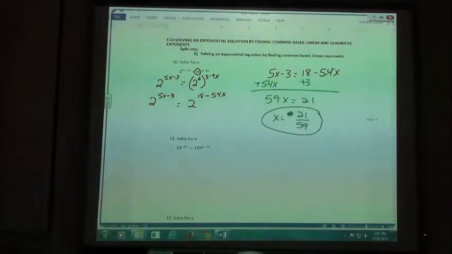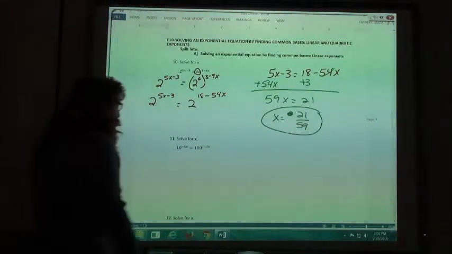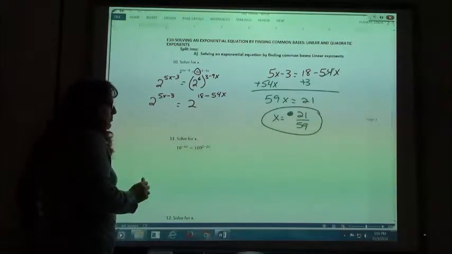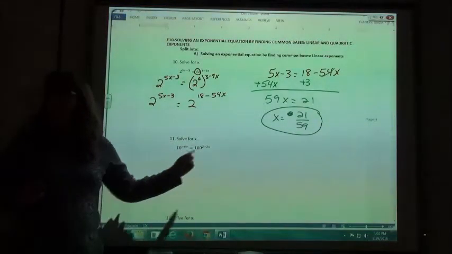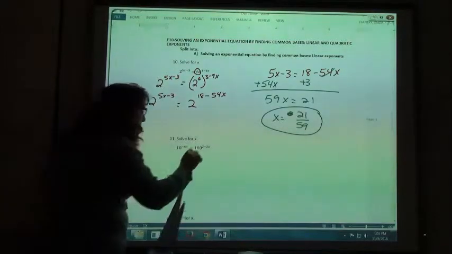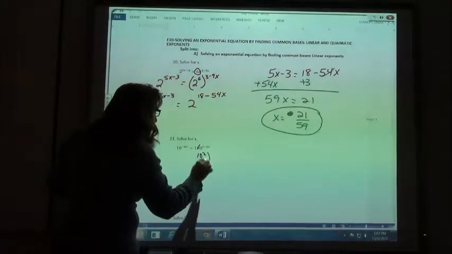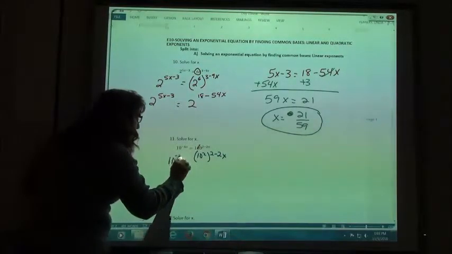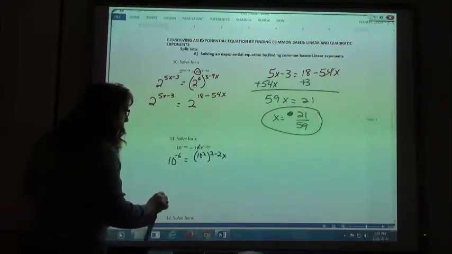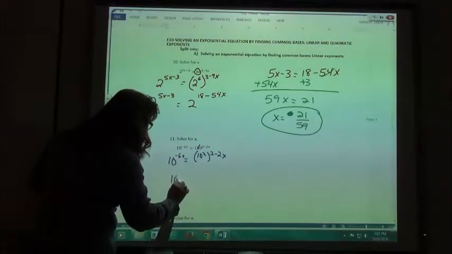So on the second one here, the 100 we can write as 10 to the second power, right? I want to have a common base, so 10 to the second power. And then I'm going to use my distributive property there. And so I'm going to have 4 minus 4x.